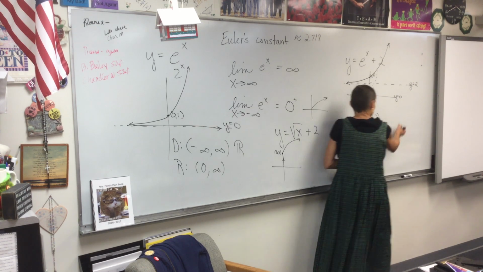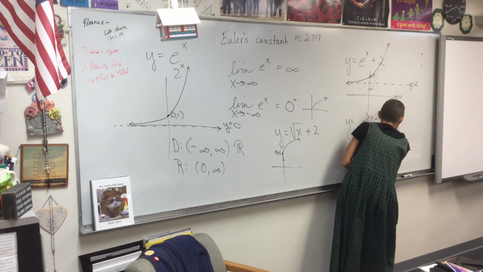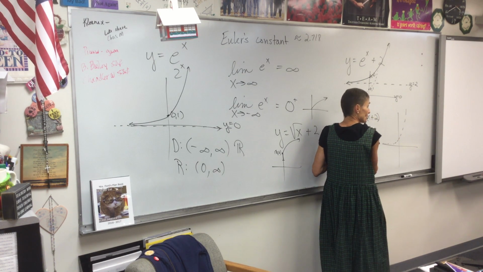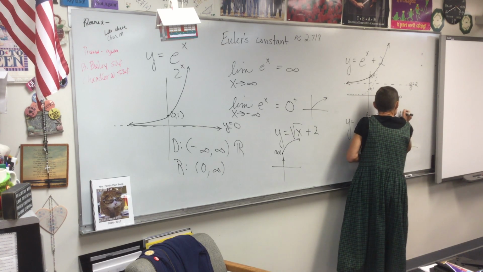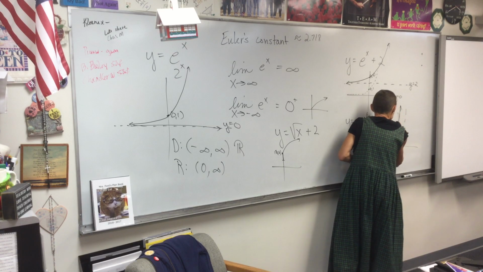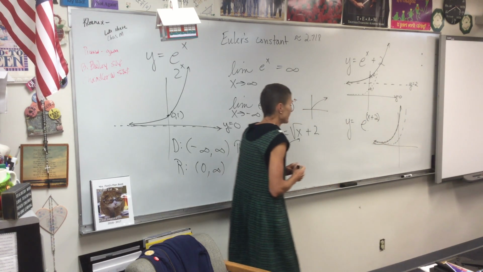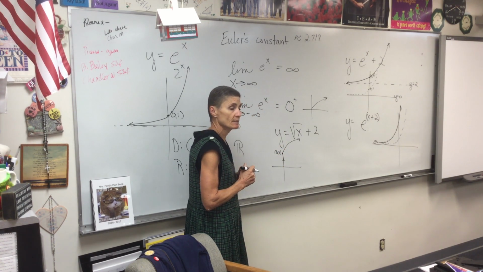So x + 2 is actually going to take our basic picture and move it 2 units to the left. So it's just going to shift over here, and you look like that. That one's a little harder because we don't really label points on that, but it shifts 2 units to the left.